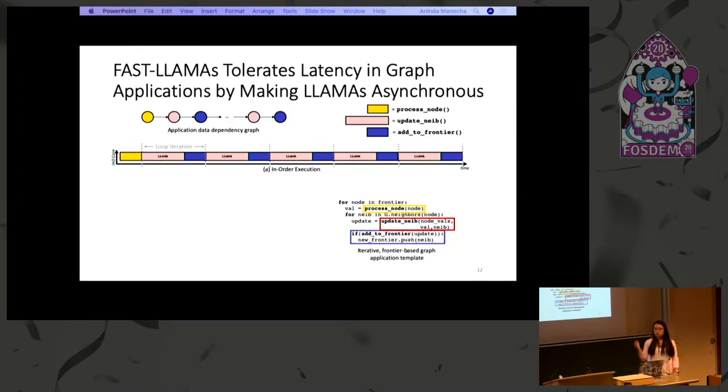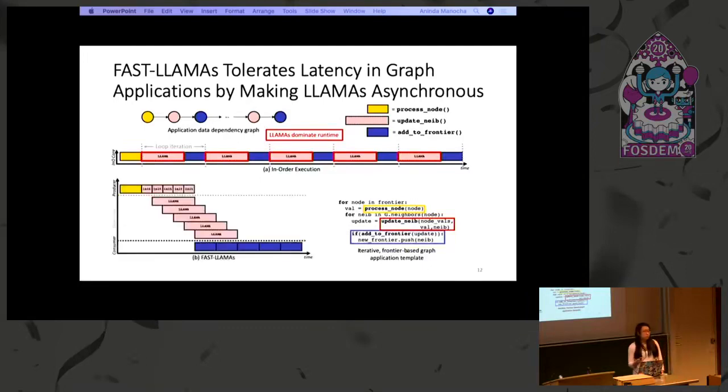And then the conditional addition of nodes to the frontier is highlighted by the blue boxes. And so when we execute this template on an in-order core, we can see that the llamas are dominating the runtime. But FastLlamas decouples this program so that the process node function is mapped onto the producer.